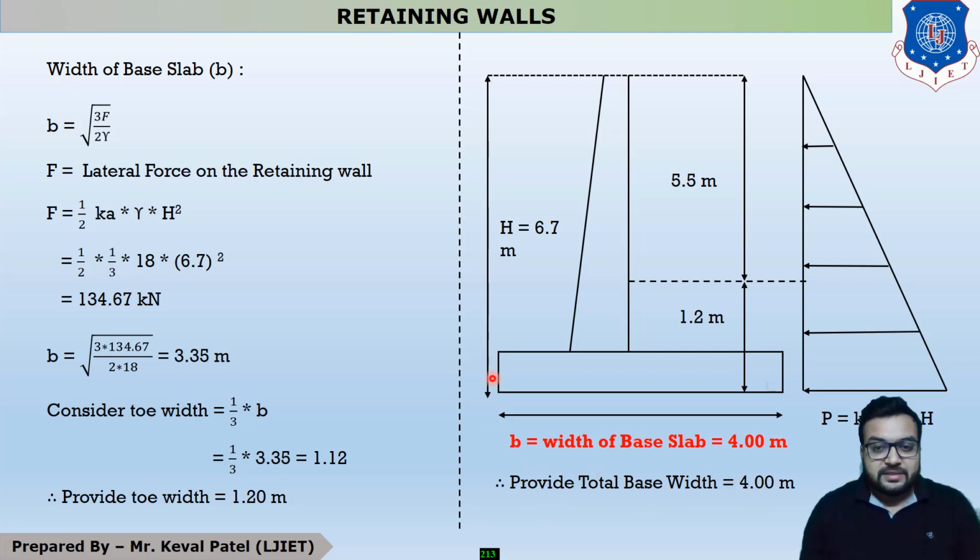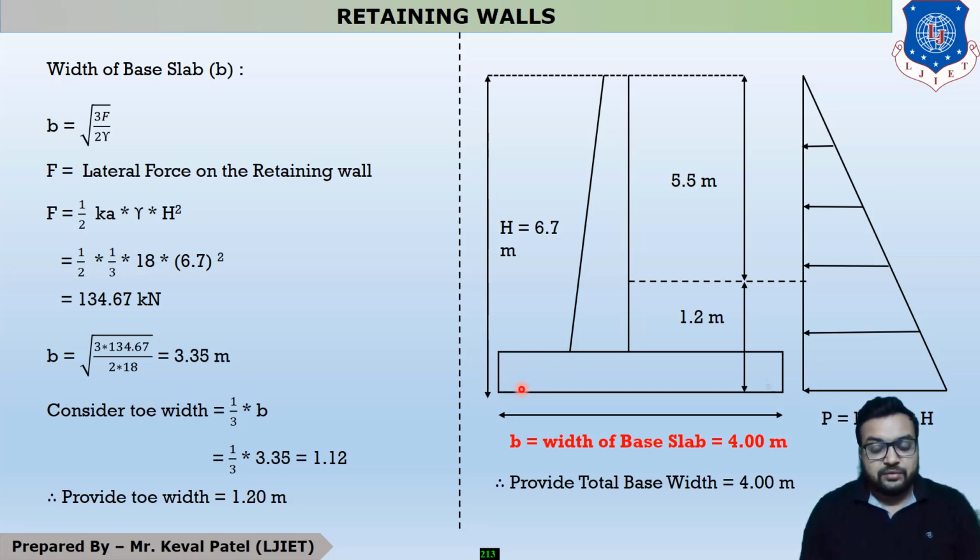Okay, so this is the calculation of capital H and capital B and the width of toe slab. After this calculation, we have to find out the thickness of base slab. Okay, so in the next lecture, we have to find out the thickness of base slab.